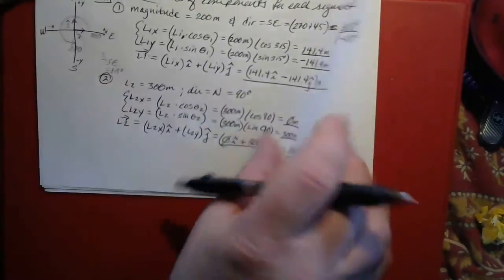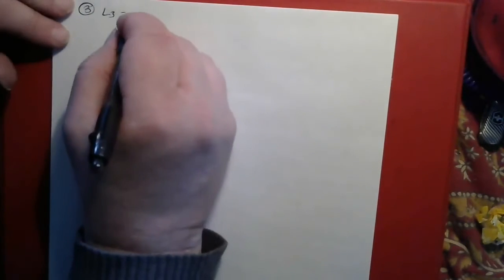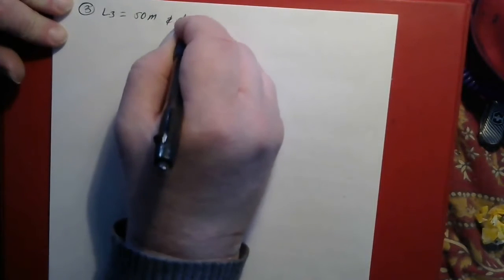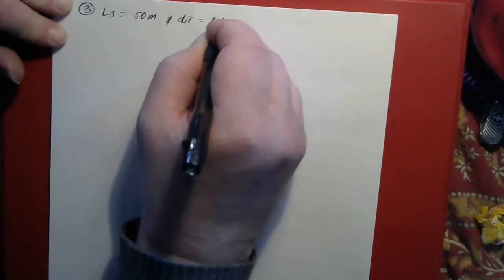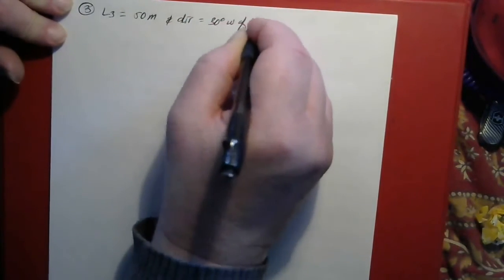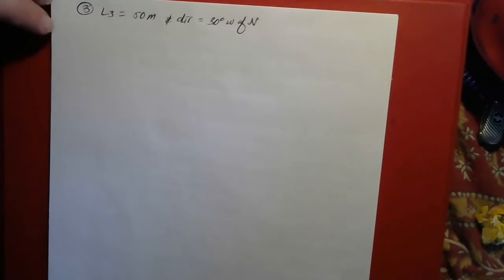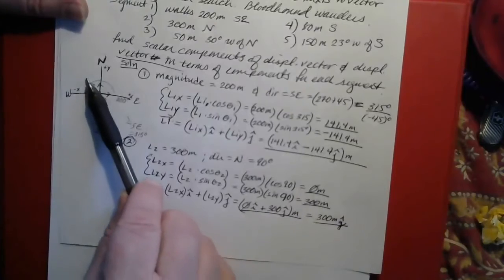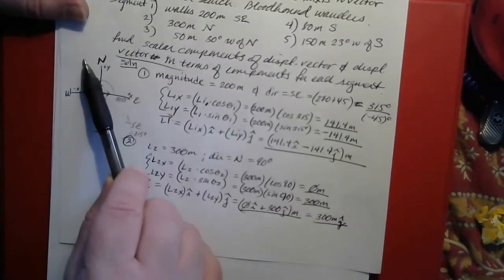Okay, so that's for the second leg of the journey. For the third, the magnitude is 50 meters and direction is 30 degrees west of north. If you look at the directions, 30 degrees west of north would be right about here.